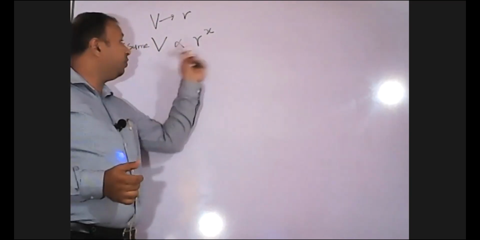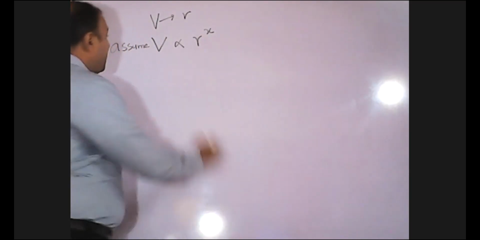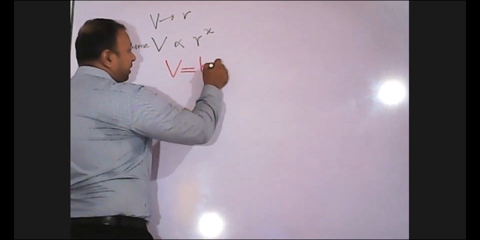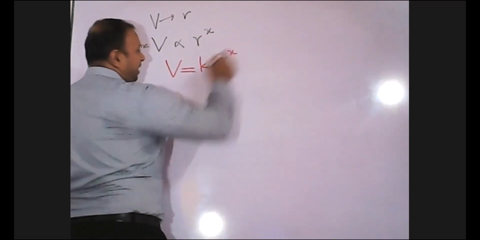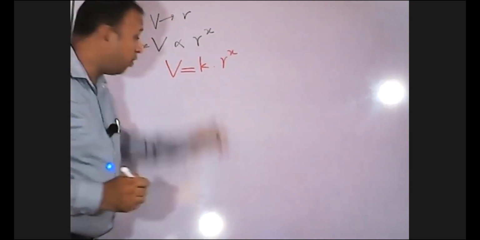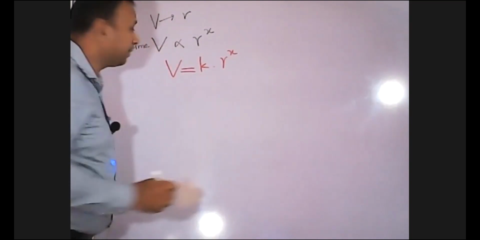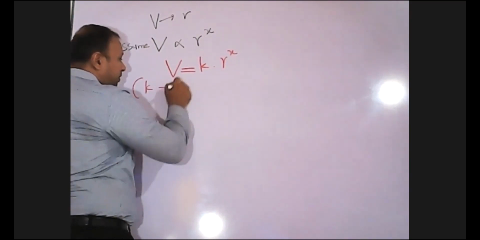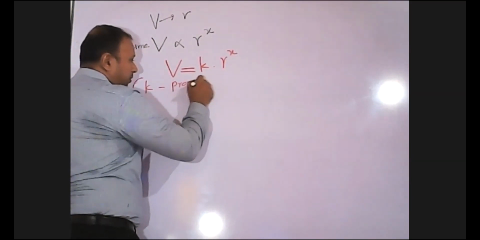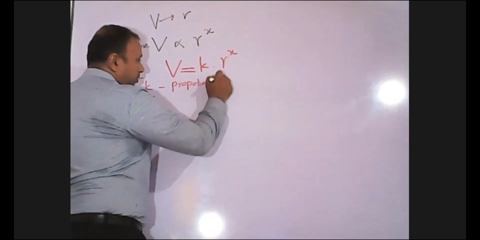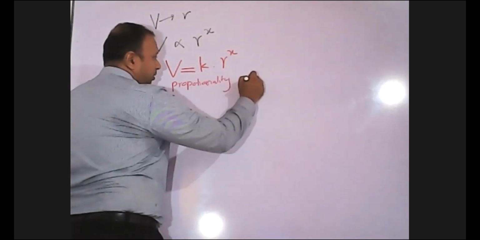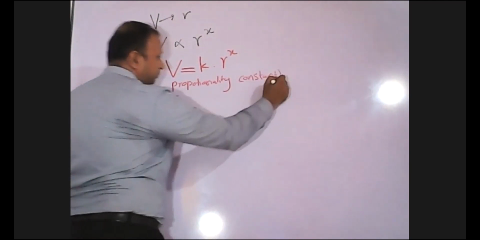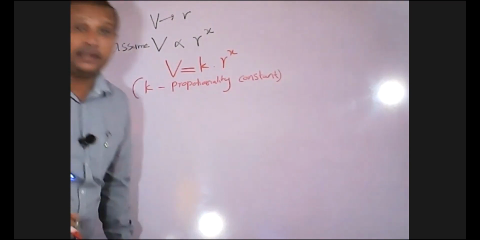If any two physical quantities are directly proportional, I can write V is equal to constant into R to the power X. Once you write this step, you have to write K is a proportionality constant. You should define K.